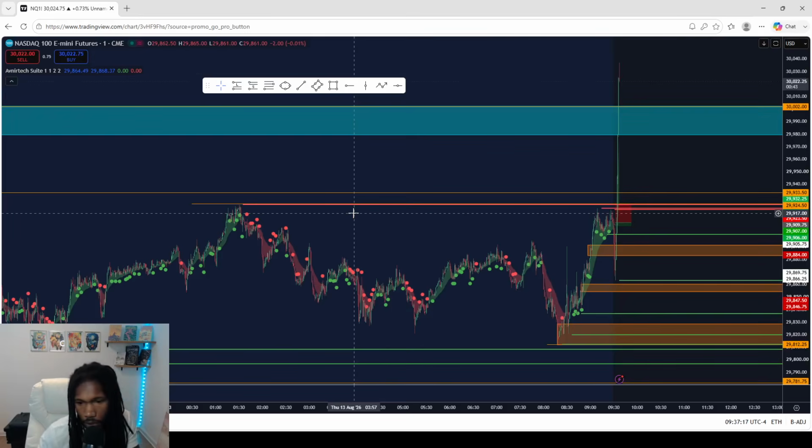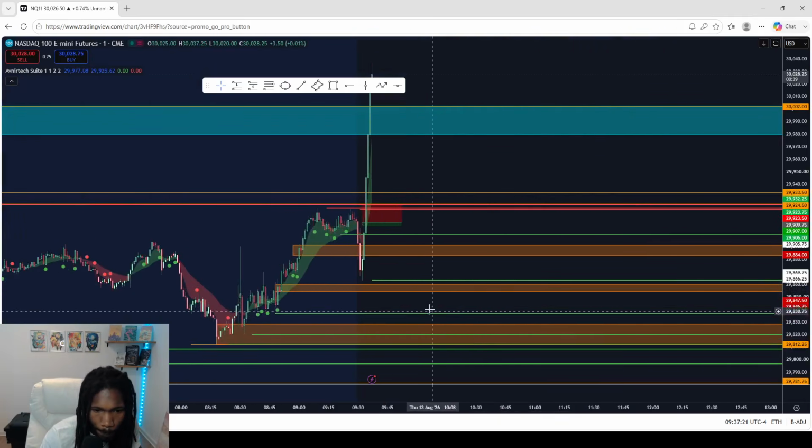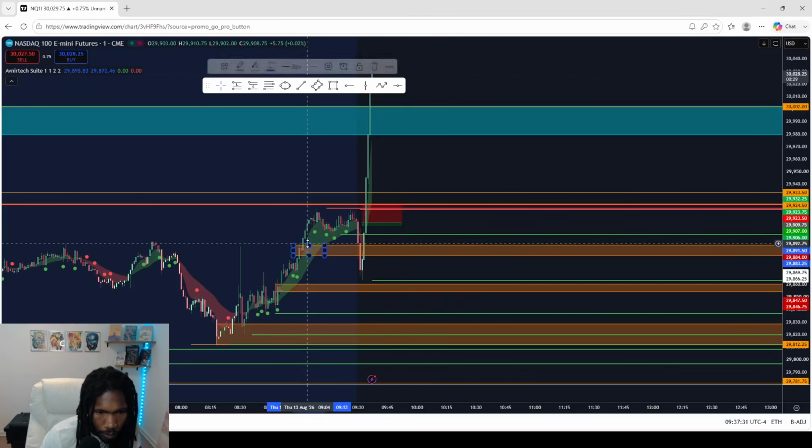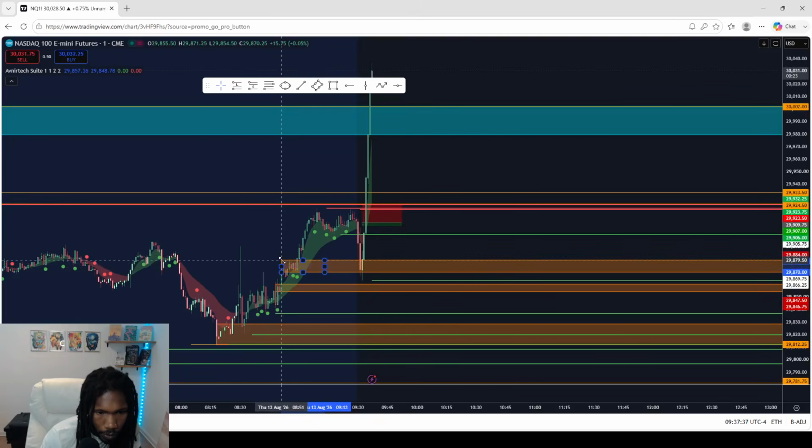The crazy thing is, I probably should have recognized this move. It wasn't actually this. It was this zone. That was a continuation pattern, but the actual order block was right there. That's where the order block was.